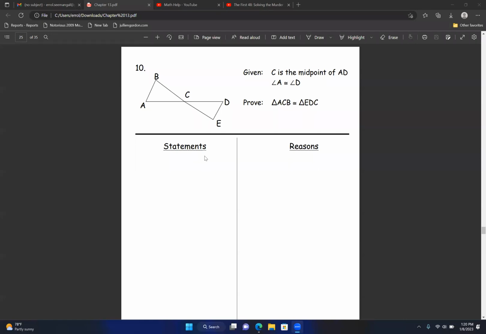What was number one again? The angle side... it was angle side angle. Yeah, it's going to be angle side angle. Now we just got to prove it. What's this first angle?